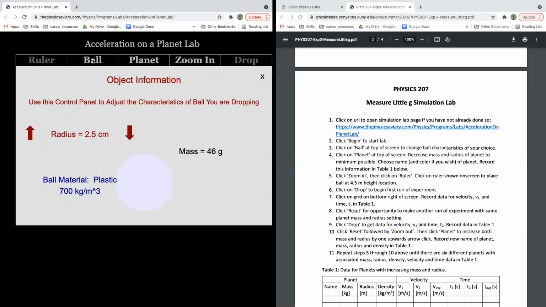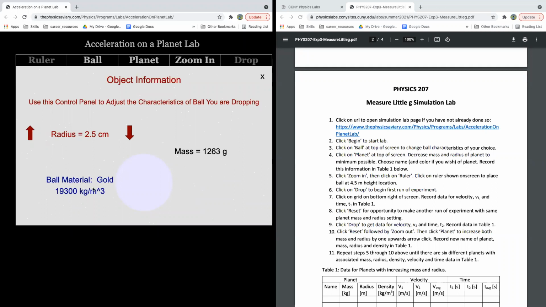Now this is about the mass, the radius, and the ball material. You can change the radius up and down, and the mass. Can you change the mass? Oh, you can, because you can change the material: zinc, copper and gold.